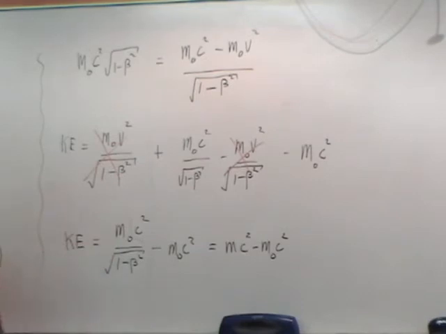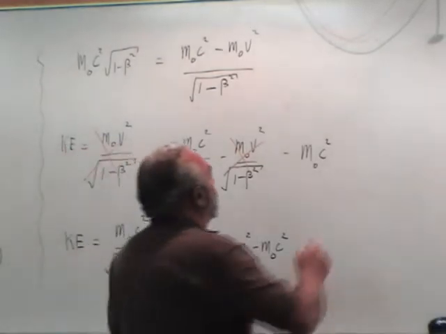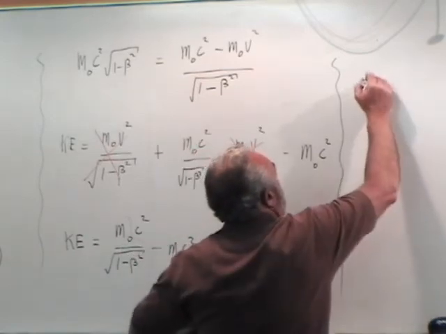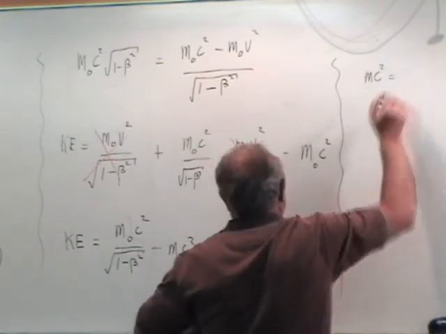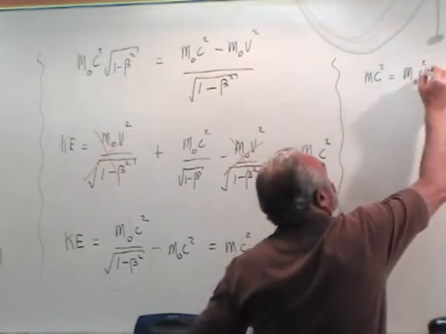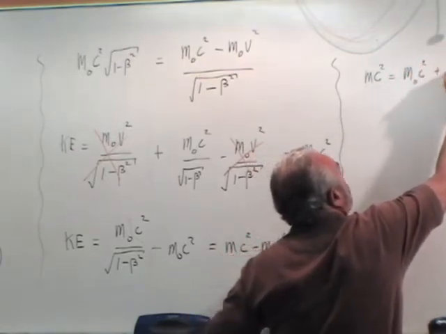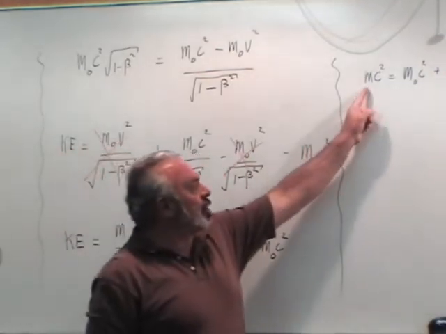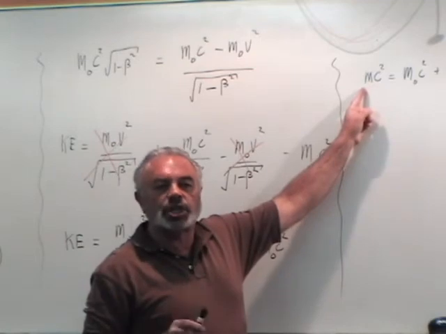That's how Einstein made the discovery, ladies and gentlemen. E equals mc squared. Or a better way of writing it, I like it better anyway, is mc squared equals m naught c squared plus kinetic energy. And then we realize that this term, mc squared, is total energy.